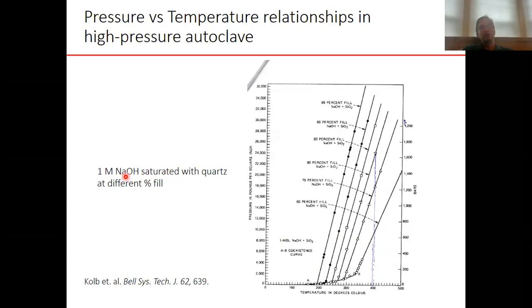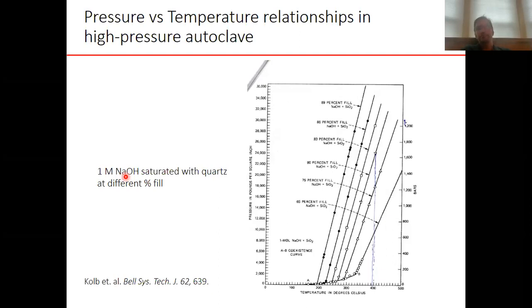These basic solutions help dissolve the nutrient and increase the solubility of the nutrient in the aqueous solution. Generally, the higher the concentration of the silicon dioxide in the mineralizer, the faster the crystal grows.